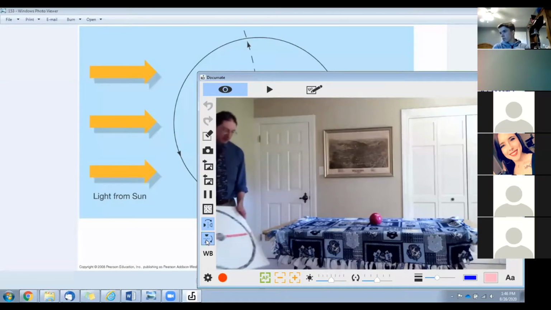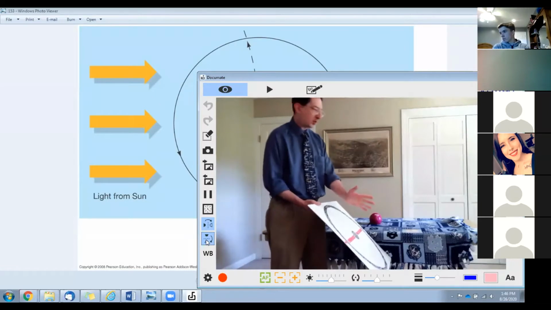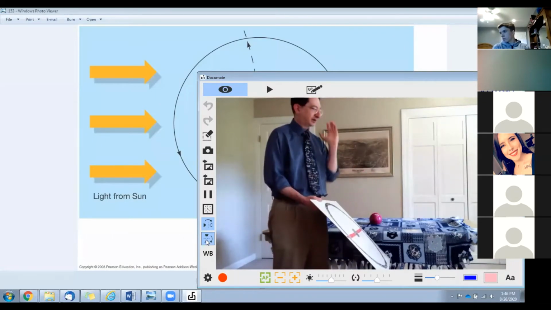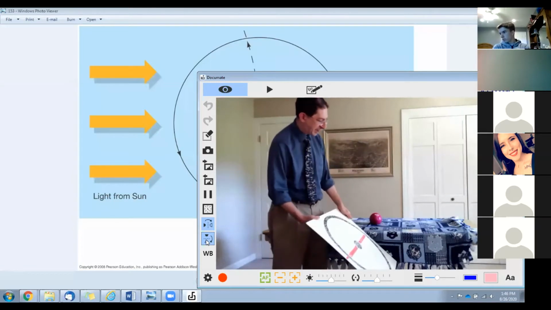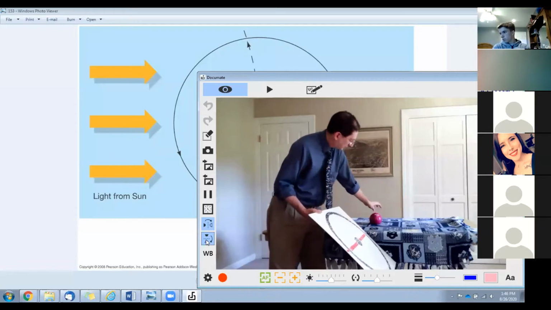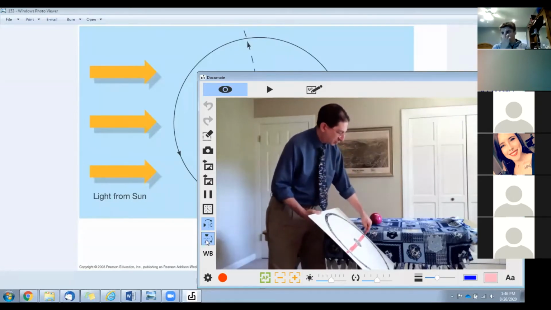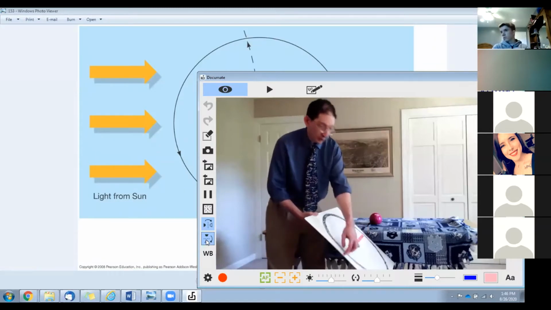But as we come around over here to this point in the orbit, the tilt is no longer pointed towards the sun. It's perpendicular. So hopefully you can see it in the webcam, but if the moon is here, they are collinear. The sun, the moon, and the moon's shadow will cast on the Earth, or if the moon is over here, it will be in Earth's shadow.